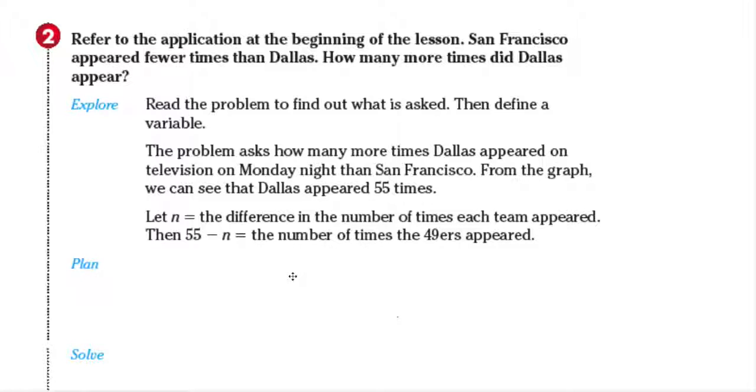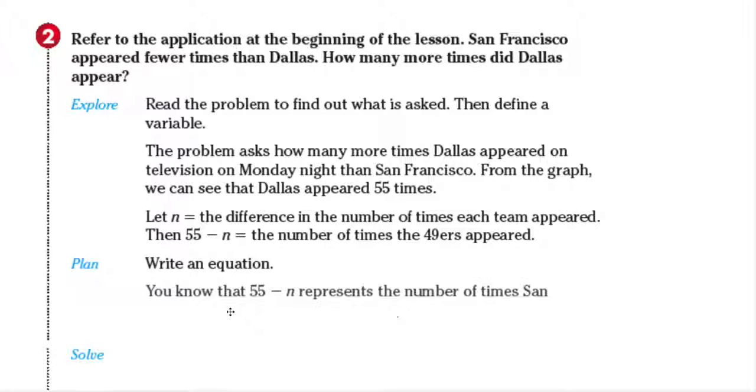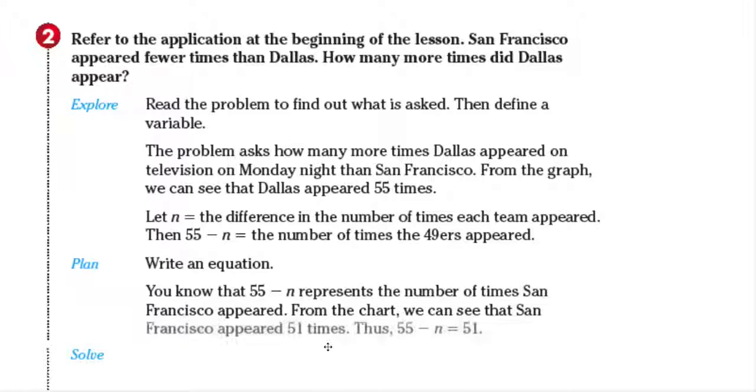Okay, let's write our equation in trying to plan this. You know that 55 minus n represents the number of times San Francisco appeared. From that chart we can see that San Francisco appeared 51 times, thus 55 minus n is equal to 51.